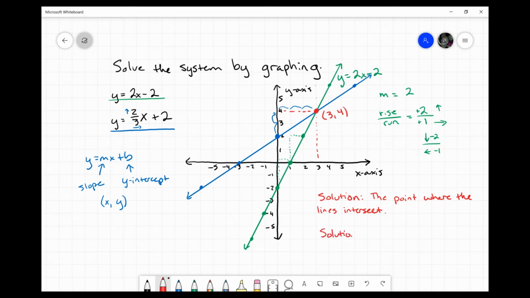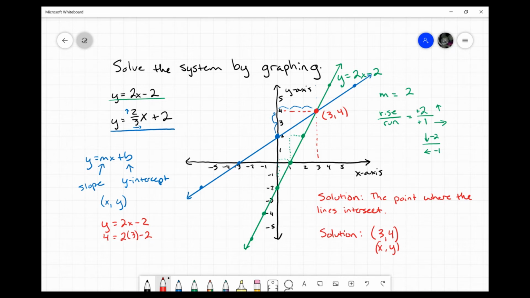So the solution to this system would be the point 3, 4. Now, what does that mean? That means if we were to take this x, y point and plug it in to both equations, they will both work out. So y is equal to 2x minus 2, but x will become 3, and y will become 4.